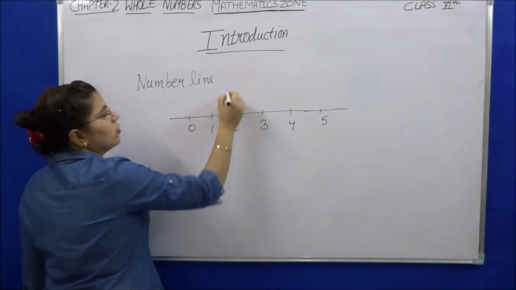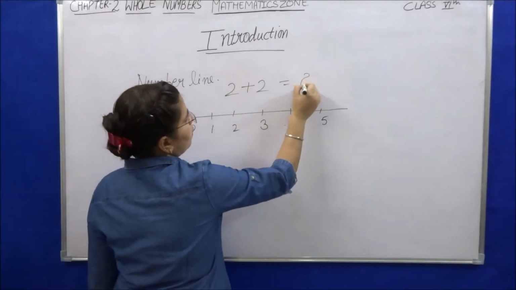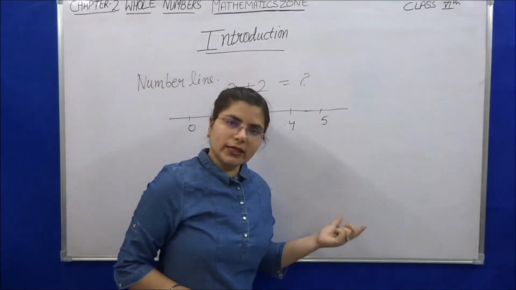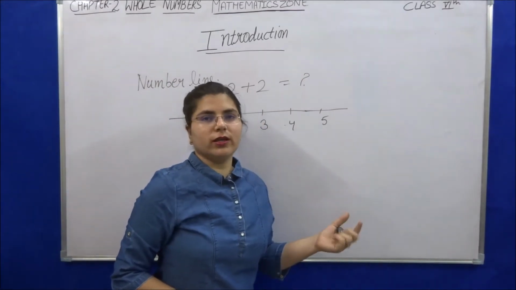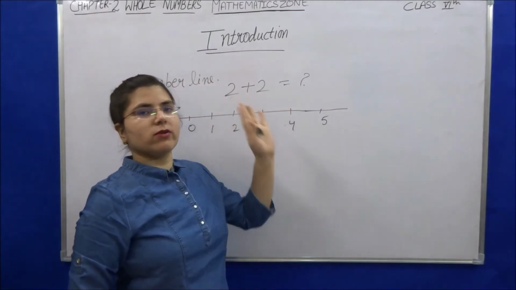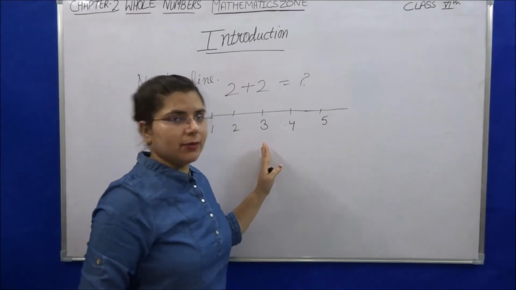Now we will find 2 + 2 equals what? We can easily find it algebraically, that is 2 + 2 equals 4. Now how will we represent this addition on a number line?